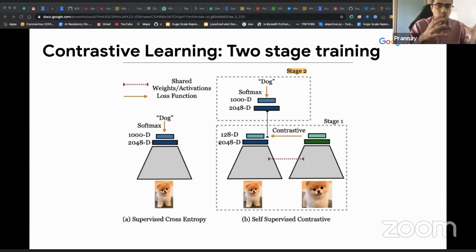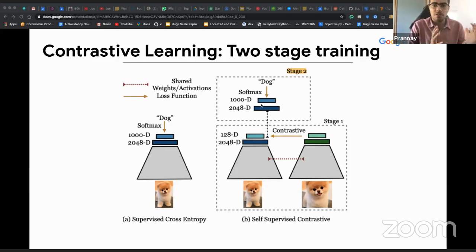So you have your encoder network, which gives an output of 2K, and then you project it down to something like 128 dimensions or 256 dimensions, depending on what your use case is. Apply contrastive losses in that space, train your network, and then you drop the projection networks and use the 2K embeddings, that is the last layer of the ResNet in most cases, or EfficientNet, whatever your encoder network is. And you apply a linear classifier on top of that and try to do cross entropy training.